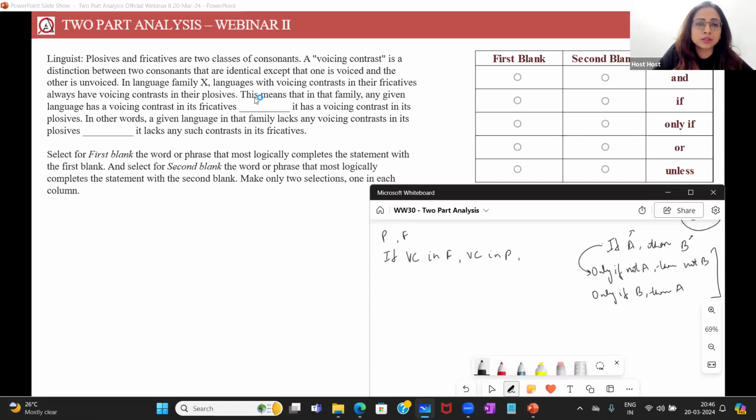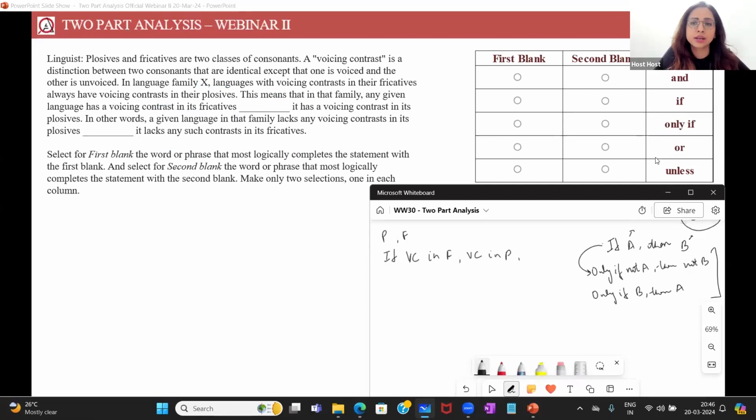All right. So in that family, we're talking about in language family X, any given language has a voicing contrast in its fricatives, dash, it has a voicing contrast in its plosives. I see I have to put something of and, if, only if, or unless, and I'll deal with it.